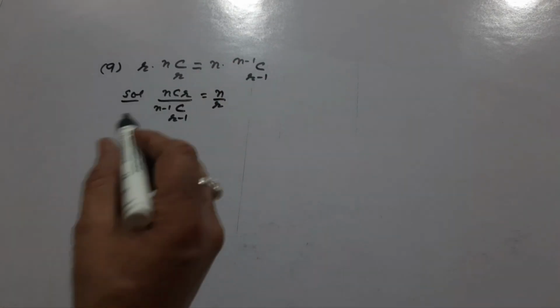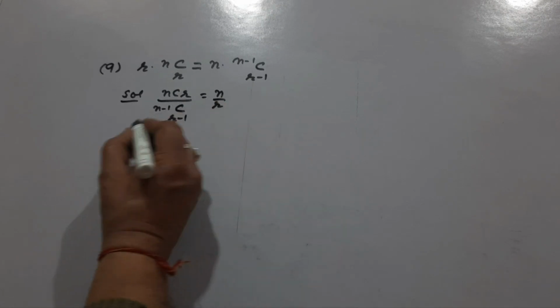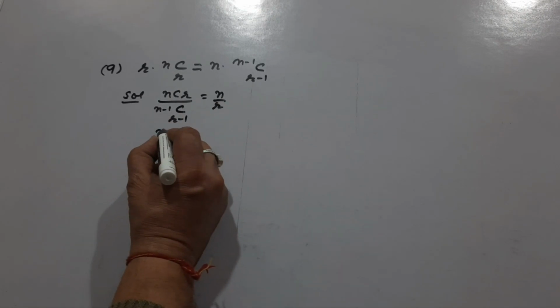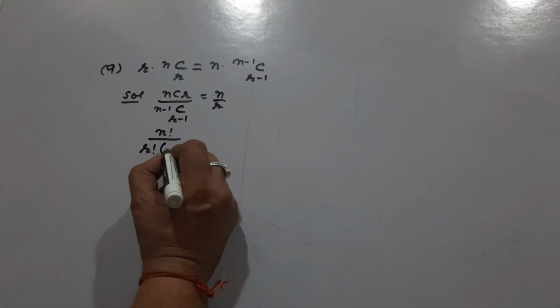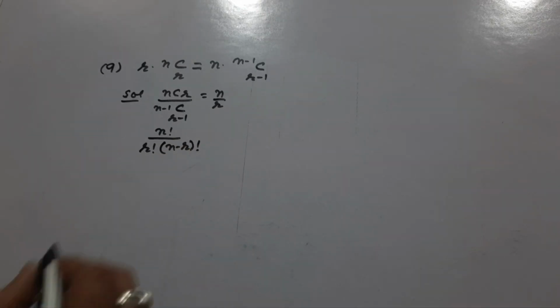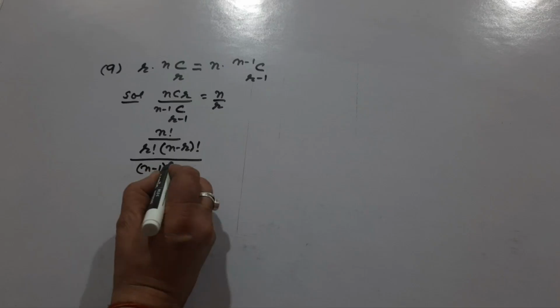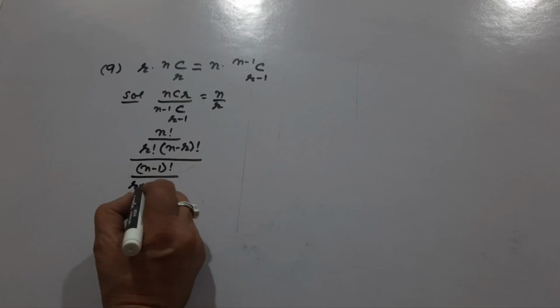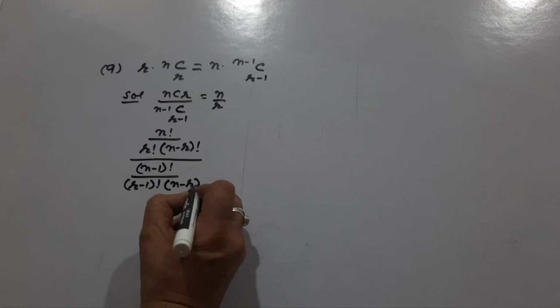Now we shall prove that nCr upon (n minus 1)C(r minus 1) equal to n by r. So nCr, n factorial upon r factorial into (n minus r) factorial, taking left side, then (n minus 1) factorial upon (r minus 1) factorial into (n minus r).